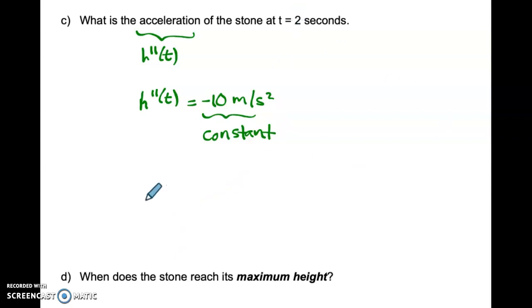So at 2 seconds, because it's always the same, then the acceleration is going to be negative 10 meters per second squared. And of course, if you've taken physics, in reality on Earth, the acceleration due to gravity, which is what would be acting on the stone, would be closer to negative 9.8 meters per second squared.